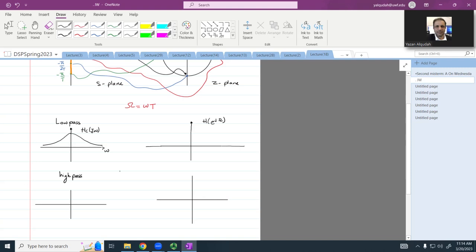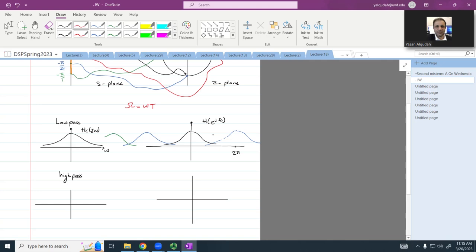We're going to have the original frequency response, and in addition, we're going to start to have repetition of this spectrum. I'm going to have another repetition and so on. Is that clear, everybody? Sampling the impulse response is going to give me a spectrum that might look like this.